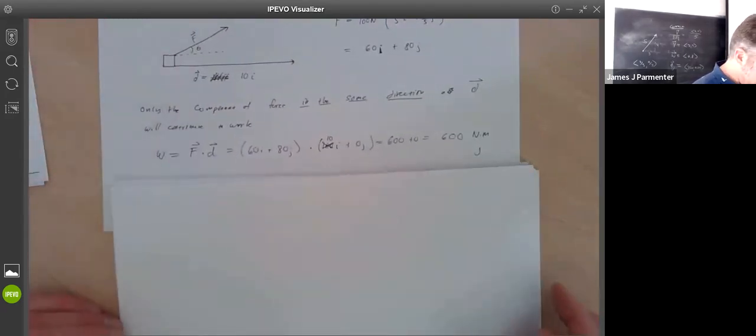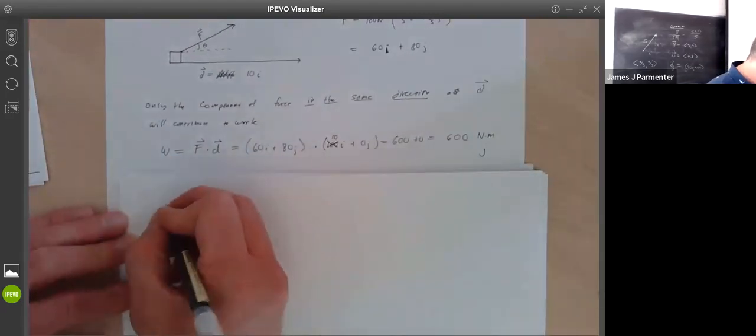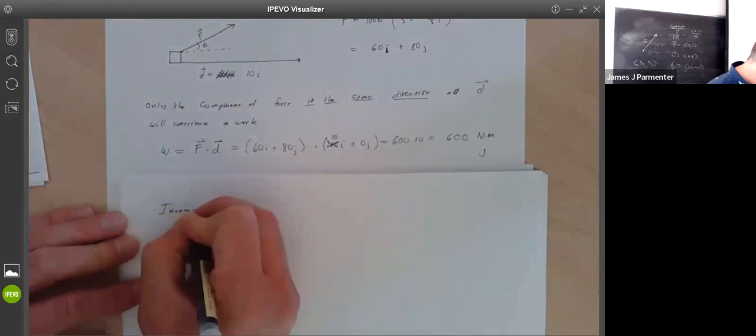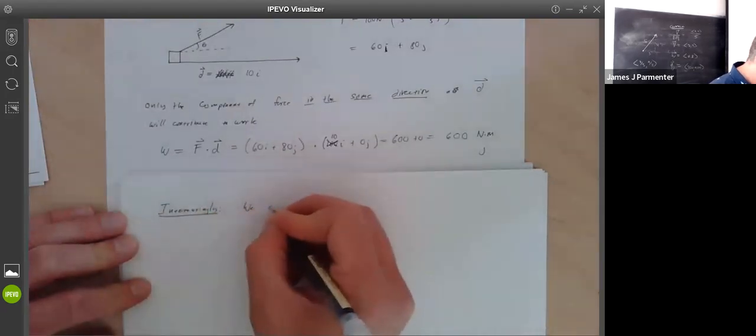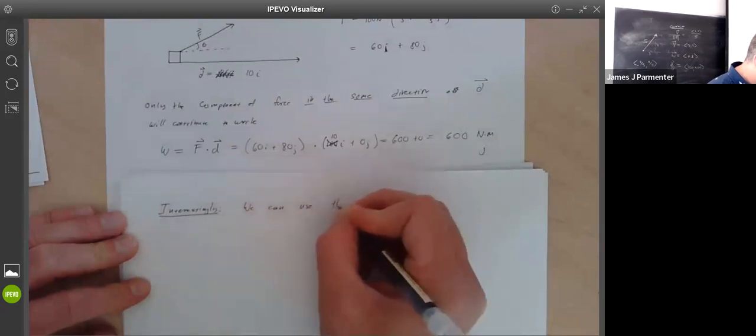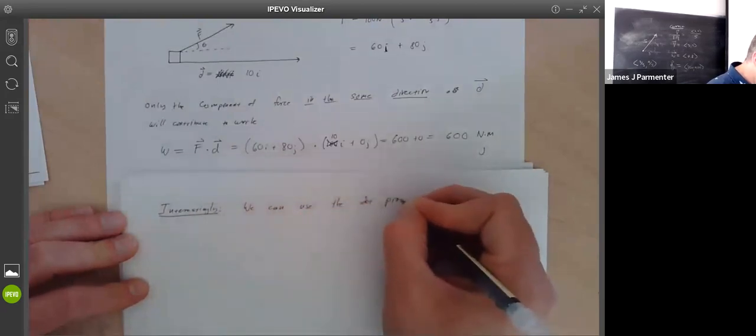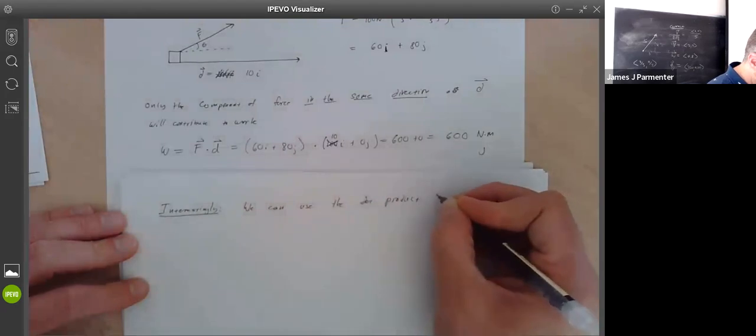The other thing that I think is maybe interesting about the dot product is that we can use the dot product to find the angle between any two vectors.